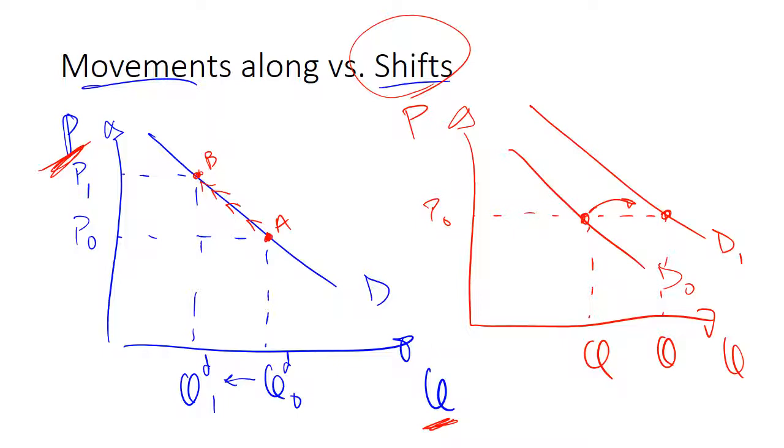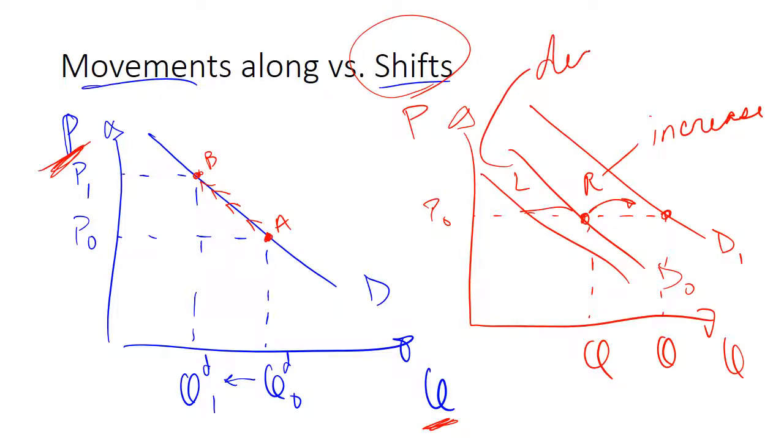And I want you to realize right away that anytime we move a curve to the right, this is going to be an increase. If we move that same curve to the left, then we are dealing with the exact opposite, and leftward shifts are going to be decreases. Okay? Left decrease, right increase.